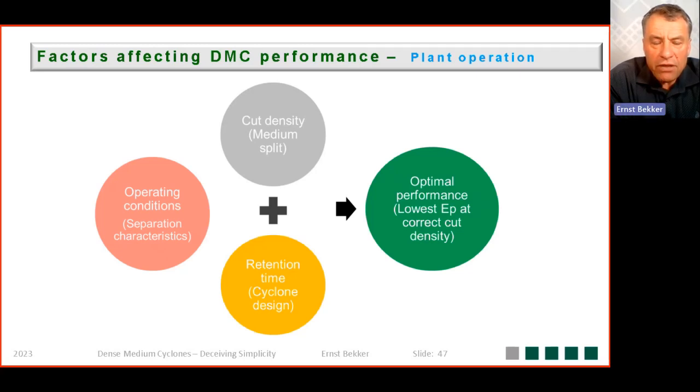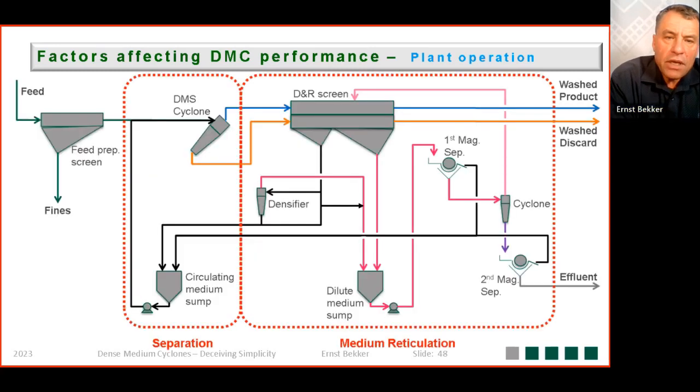It's no use having a very efficient dense medium cyclone that is not operating at the correct cut density. And that is where the medium characteristics that we've just discussed come in. Now we also need to have the correct operating conditions. And the combination of these three factors gives you the best operating conditions for a dense medium cyclone. Coming back then to the process flow diagram.